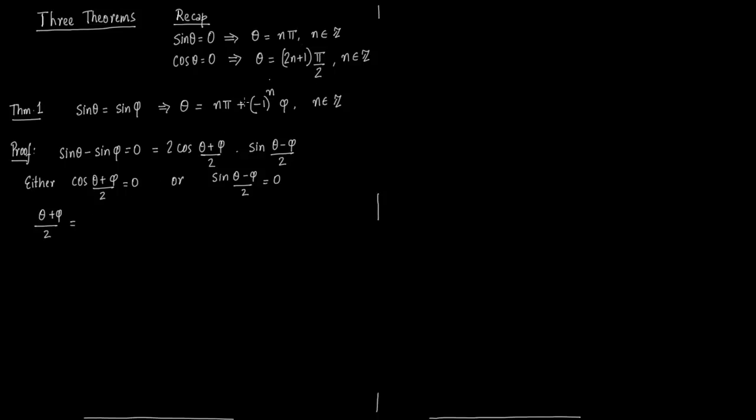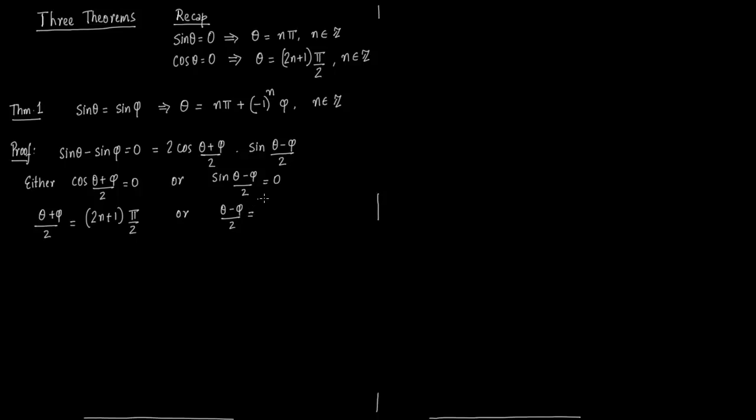So you can write theta plus phi by 2 as of the form 2n plus 1 times pi by 2, because cos theta is 0 implies theta is of a particular form. Here theta plus phi by 2 is 0 for cosine, so you write it like that. And sine of theta minus phi by 2 is 0 means theta minus phi by 2 is of the form n pi.